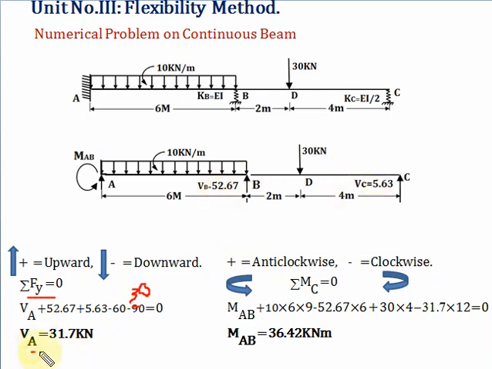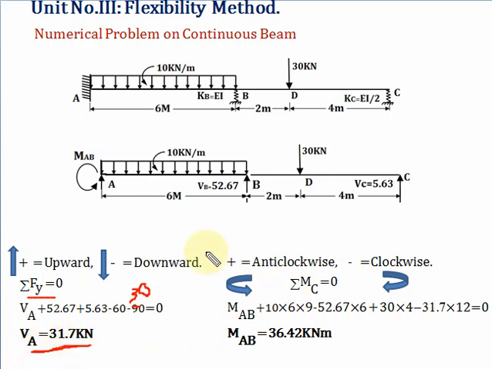If we solve this, we get the value of VA: 52.67 plus 5.63 minus 60 minus 30, so we get 31.7. By mistake, instead of 90 it is 30. So we get the vertical reaction at A as 31.7.